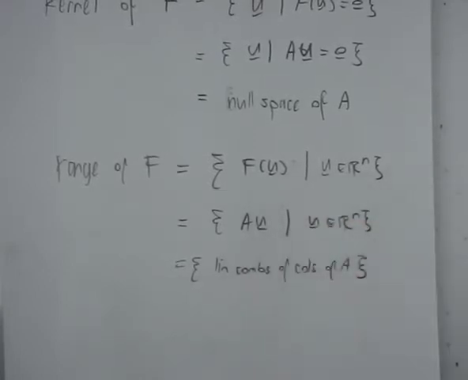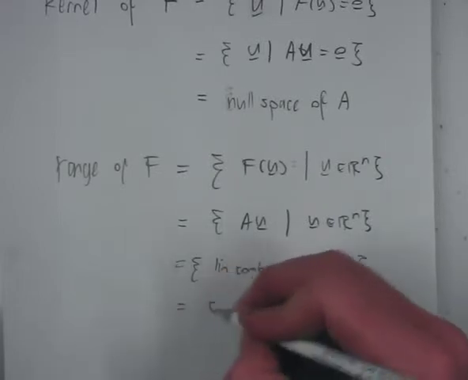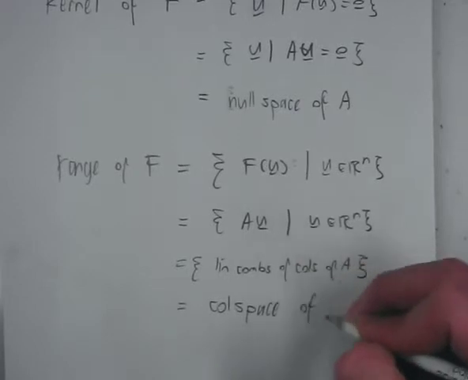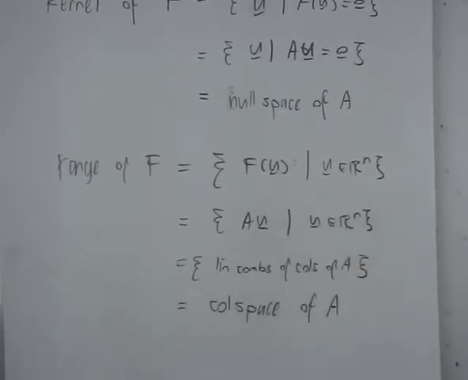The set of all the linear combinations of the columns of A, which is the column space of A. So in the same way, range belongs to the transformation and column space belongs to the matrix.